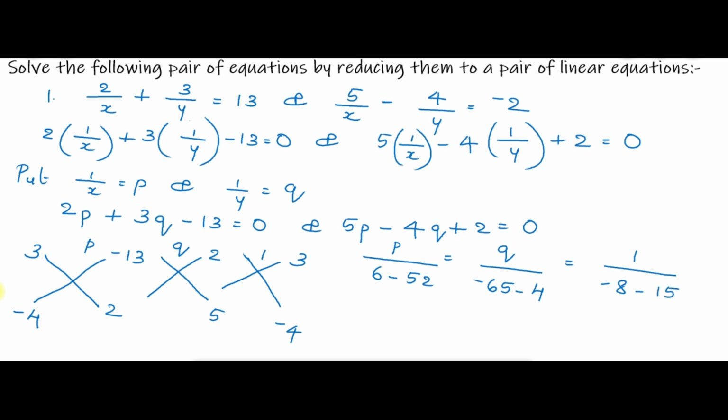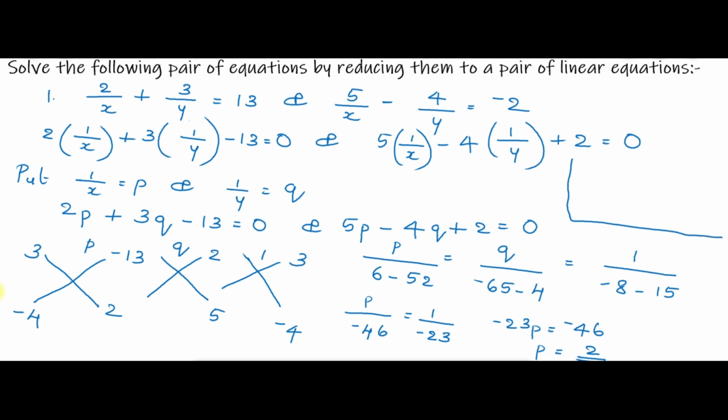So here I am going to write p by 6 minus 52, that is minus 46, equal to 1 divided by minus 8 minus 15, which is equal to minus 23. So minus 23p equal to minus 46. Therefore the value p equal to 2.